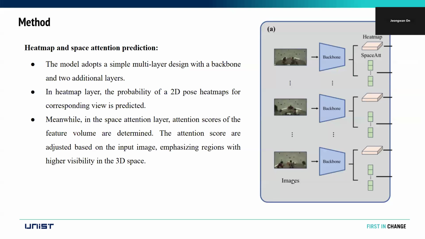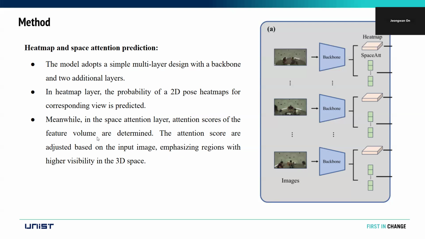If we look more closely into the components, for the first component they just adopted a multi-layer design with a backbone and two additional layers. One is the heat map layer, which predicts the probability of a 2D pose heat map for the corresponding view.